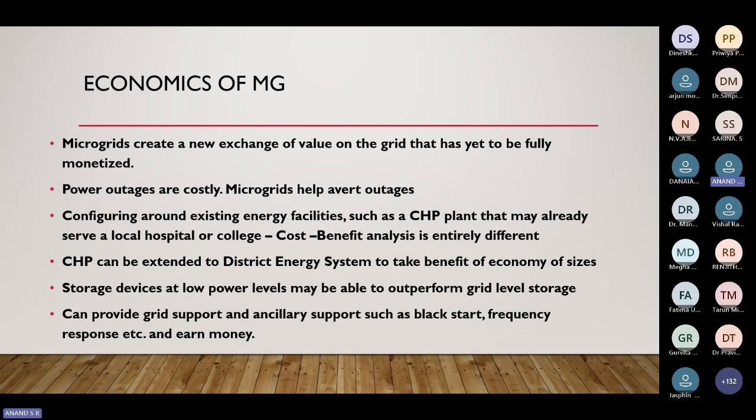That can also be provided by the microgrid, because the microgrid may be having some surplus. It may be controlling the actual generation from the rooftop, and if that is released to the grid, then the grid will be having that capability.